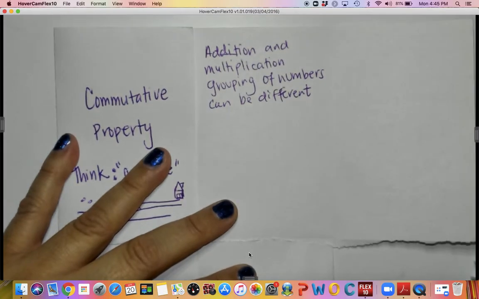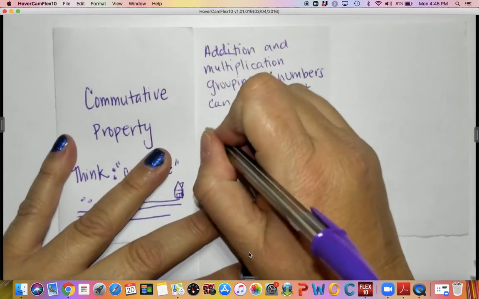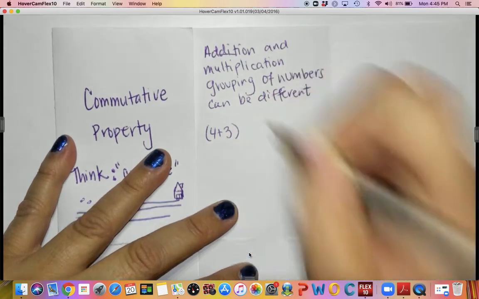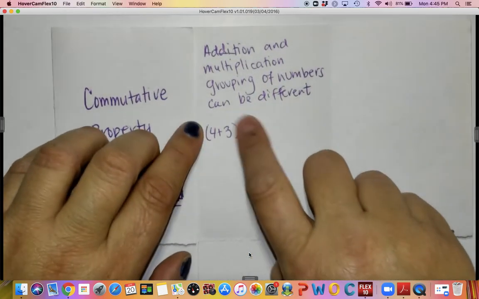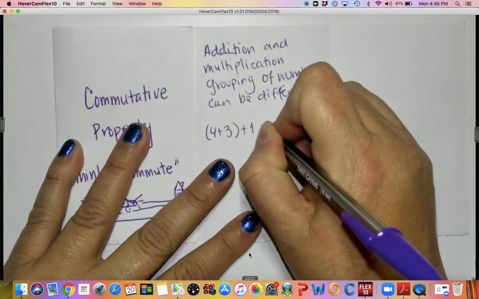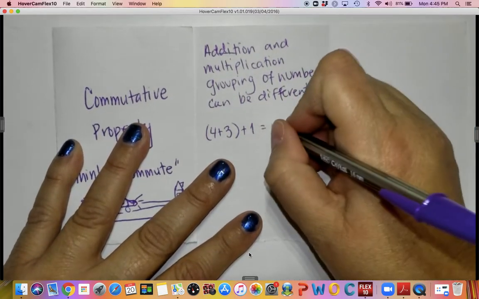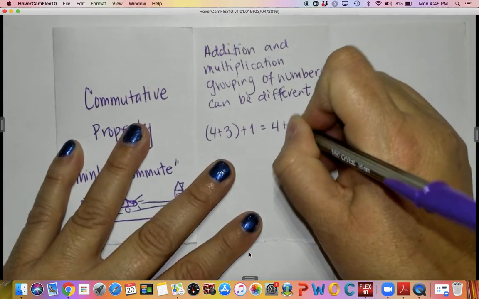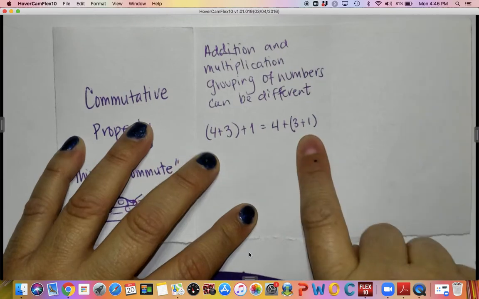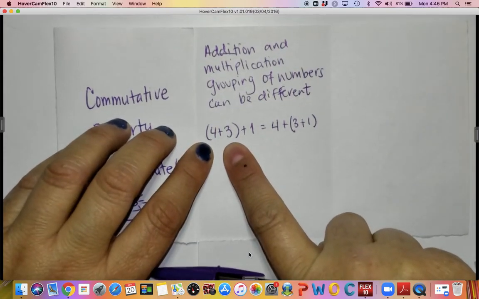You have seen it in PEMDAS. So (4 plus 3) plus 1 is the same as 4 plus (3 plus 1). These parentheses mean group. You see how my group changed? Here my group is 4 plus 3.